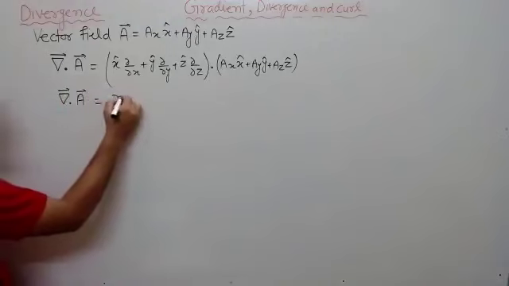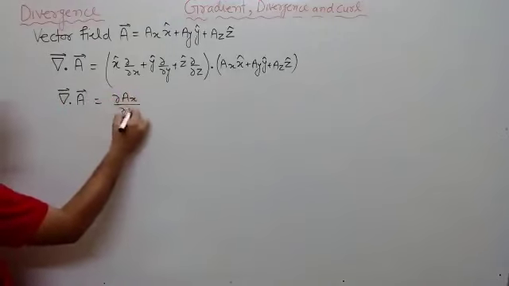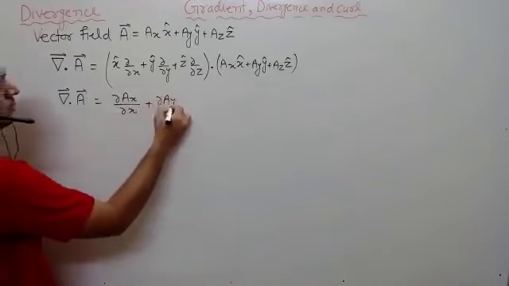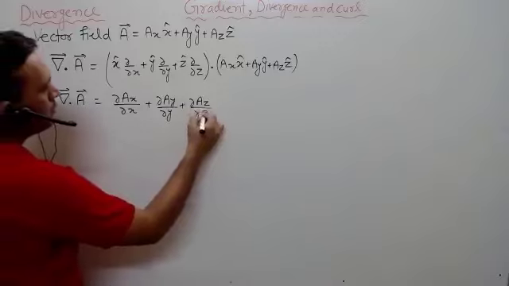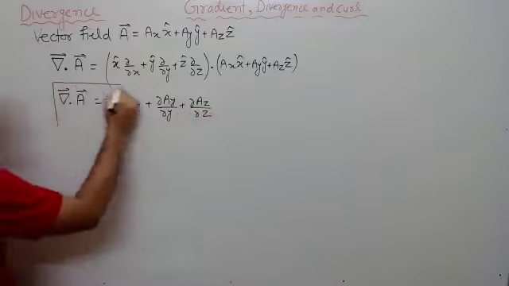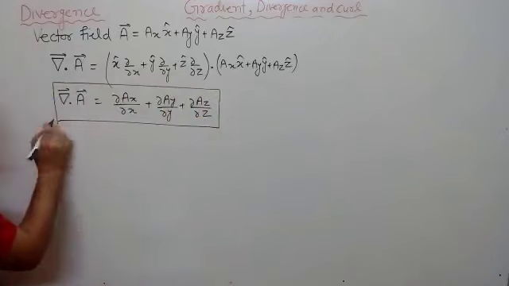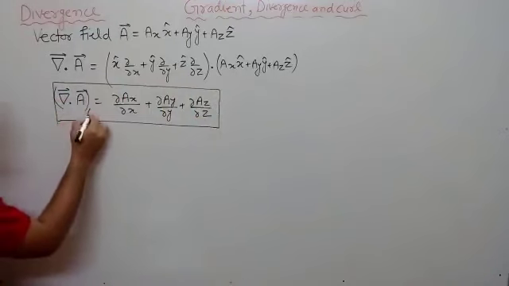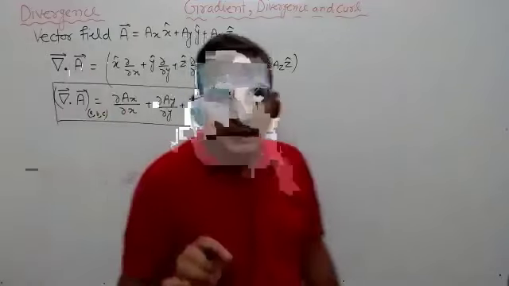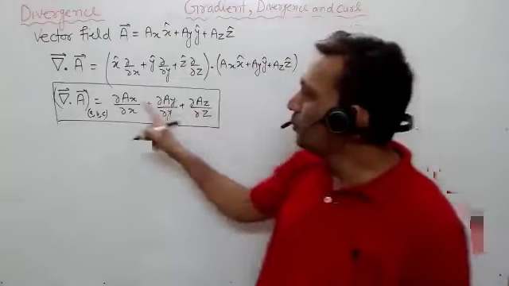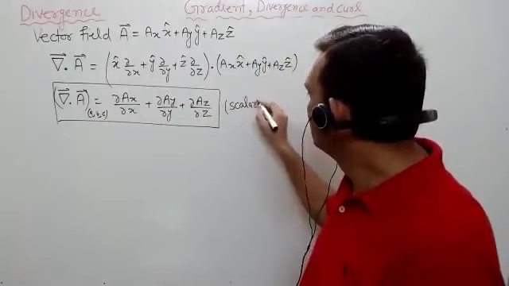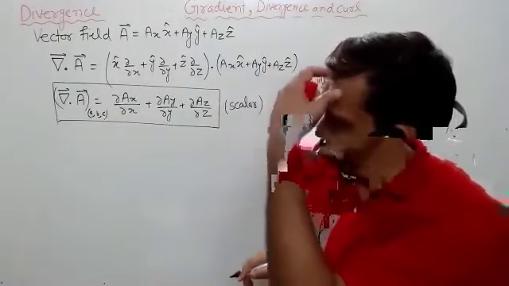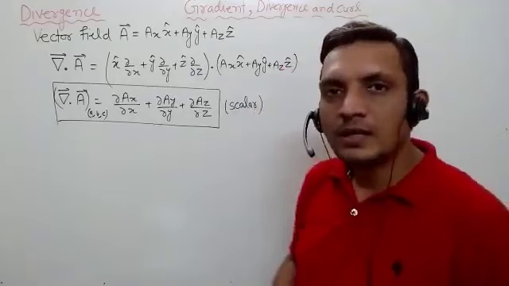So this will give you the divergence of A. And you have to always see divergence at a particular point. Let's say some point a, b, c is given. Divergence around a particular point. It's a scalar value. So divergence is a scalar value.